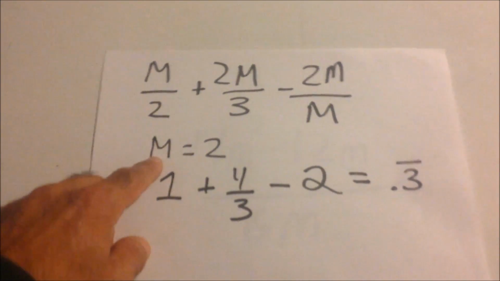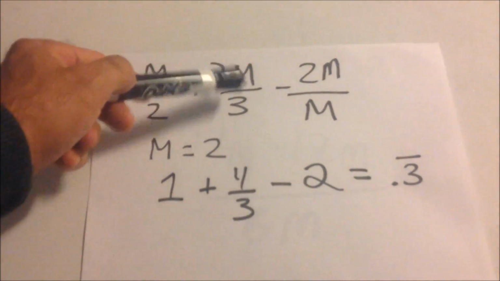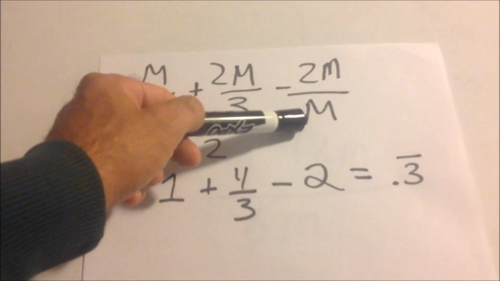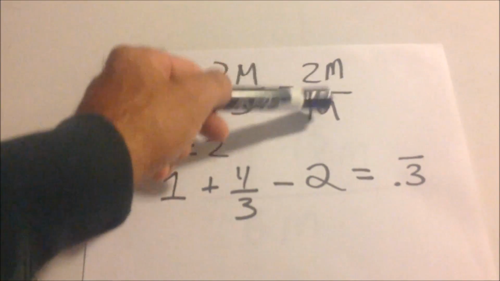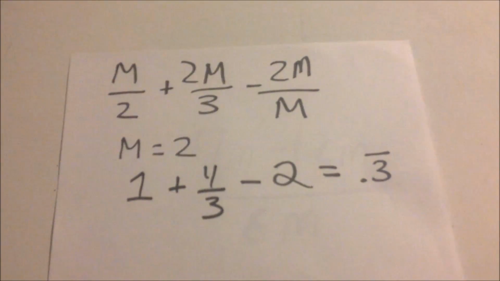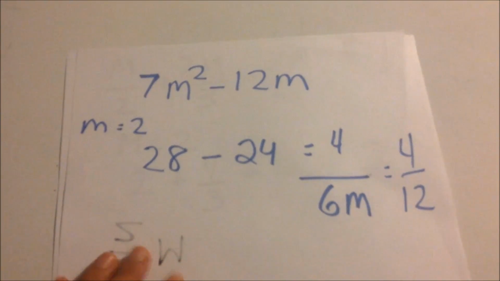Here, if we make m 2, we have 2 over 2 is 1. 2 times 2 is 4, so we have 4 over 3. 2 times 2 is 4, and m is 2, so 4 over 2 is 2. And if you do the operations here, you get 0.3 repeating. Now the same is true when we simplified it.